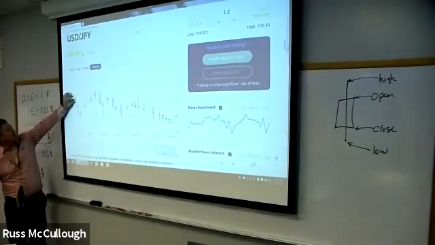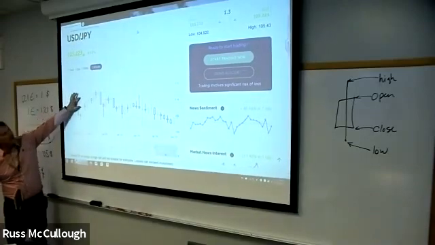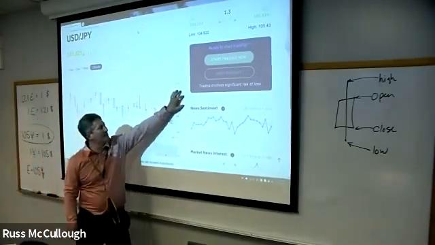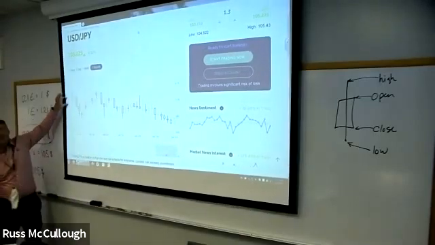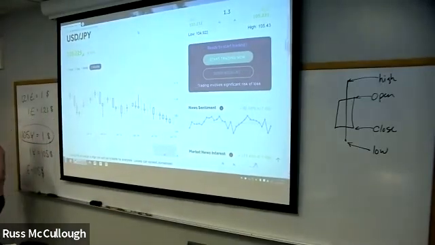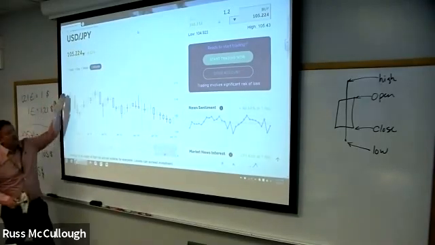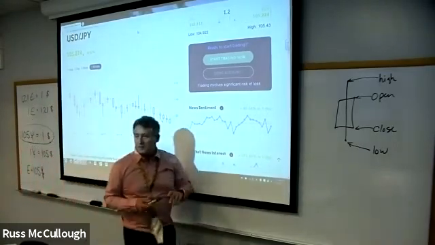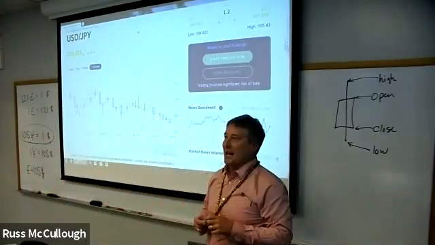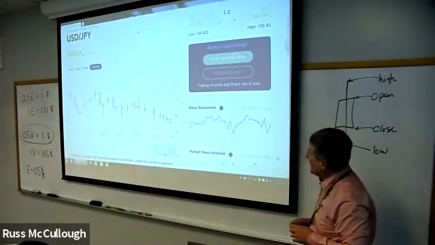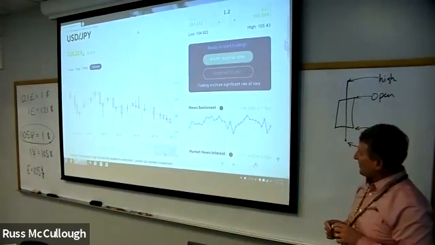Even in this trading cycle here, we were somewhere at a 110 level maybe. So is that dollar appreciation or depreciation? Depreciation. The dollar used to buy 110 yen, and now it's buying 105 as of the close. So you're not getting as much yen per dollar, so there's been dollar depreciation.